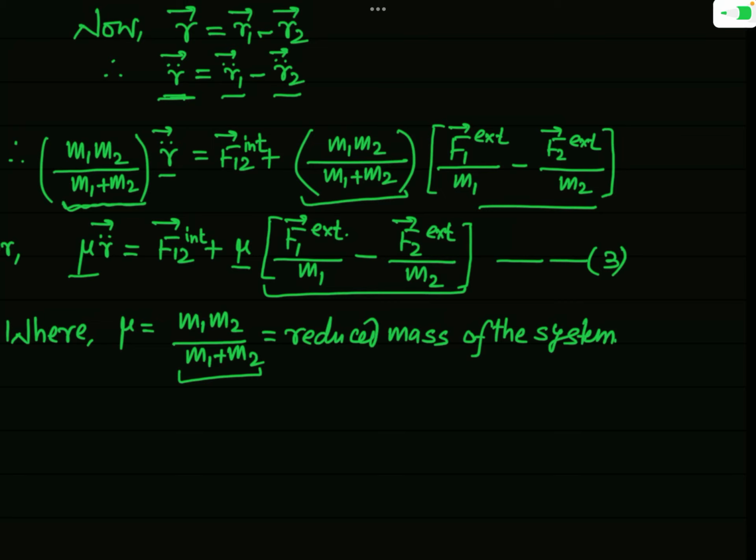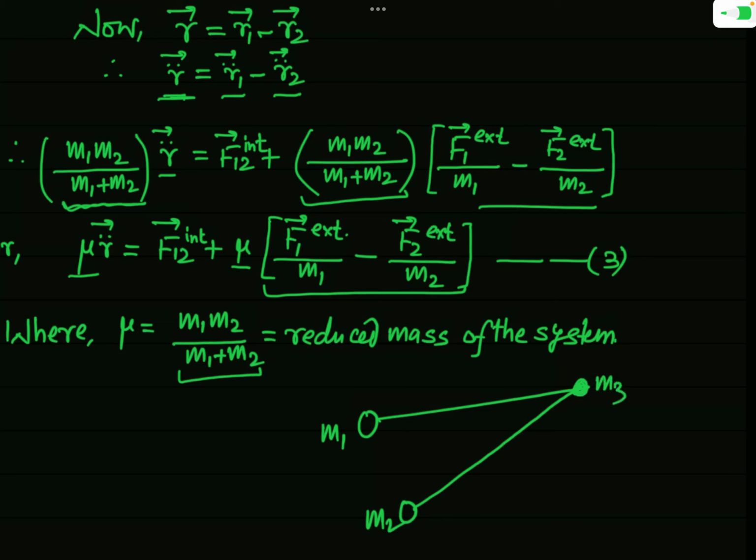So let us see this figure. We consider that this is our mass m1 and this is our mass m2, and from this m1 and m2 at a far distance there is the mass m3. This is your mass m3.